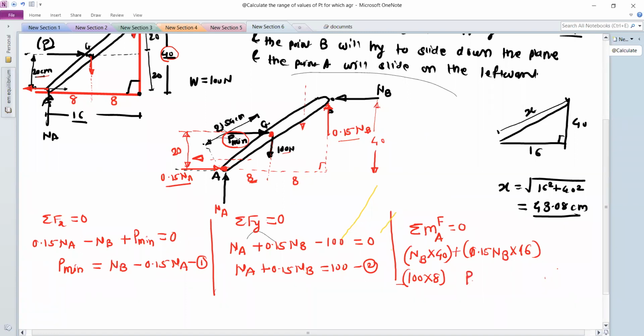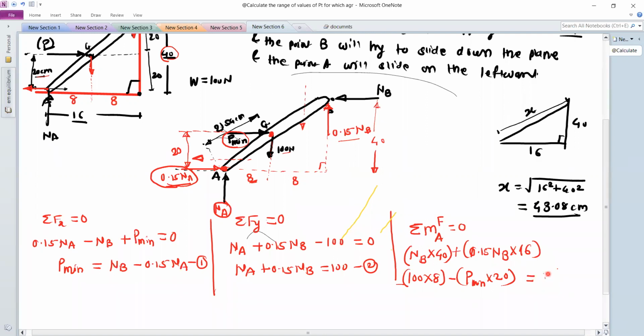So that moment will be P minimum into 20. And this moment is also clockwise. It will try to rotate the ladder AB at point A in the clockwise direction, so it is also negative. And the moments by this Na and this friction force are zero because both forces are passing through the point A only.